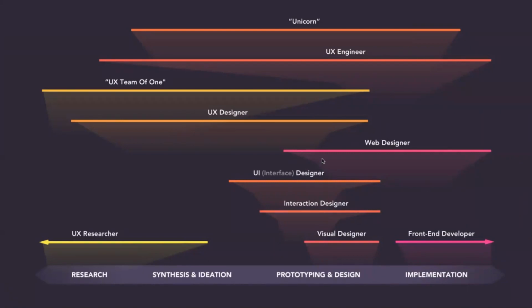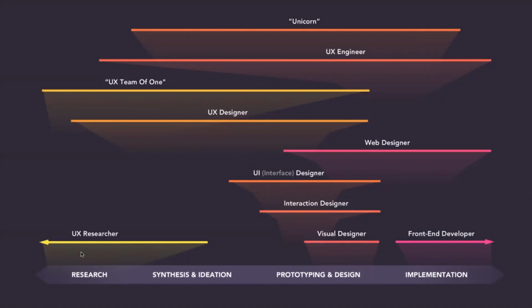But you can also be, for example, a UI designer, as we were talking about, right? This is where you're crossing the line a little bit between ideation and prototyping and design, because you need to understand what the UX researcher might have come up with and try to interpret that with a screen. Full-blown UX designers, I was telling you guys, it's sort of like a mix of both, right?